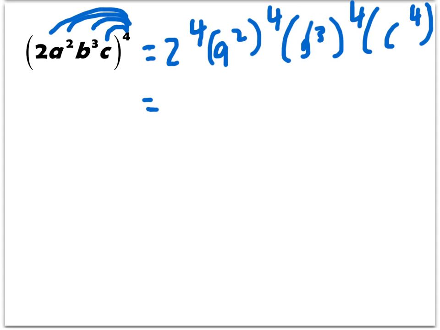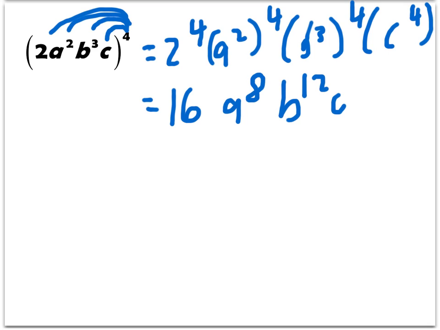Now we can do this arithmetic. 2 to the 4th power is 2 times 2, which is 4, times 2, which is 8, times 2, which is 16. And then here we have a power to power. So we have 2 times 4, which is a to the 8th power. Another power to power. This is b to the 12th. And then c to the 4th power. So there we have a simplified algebraic expression.